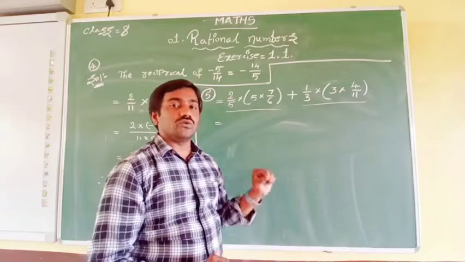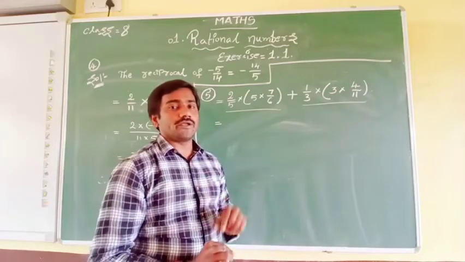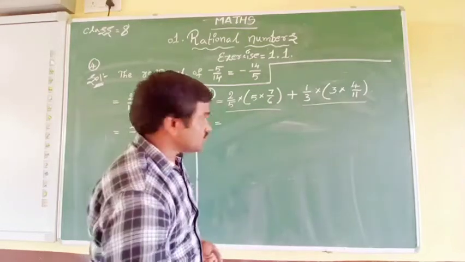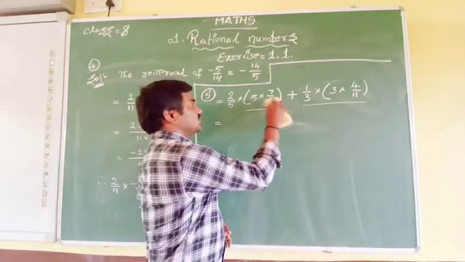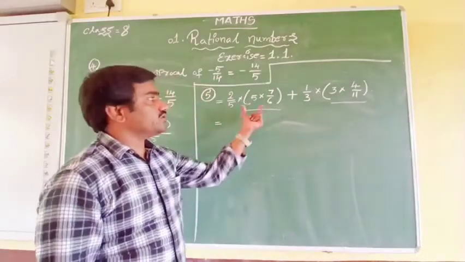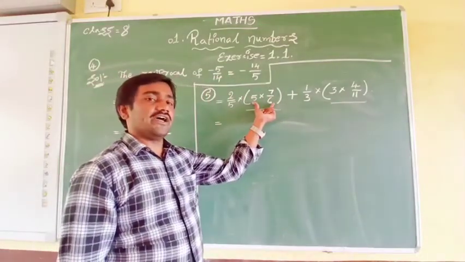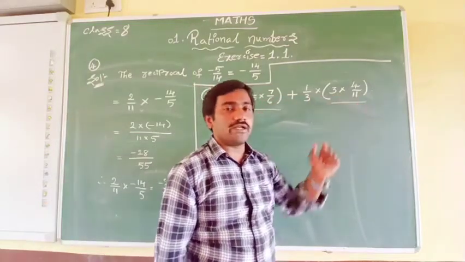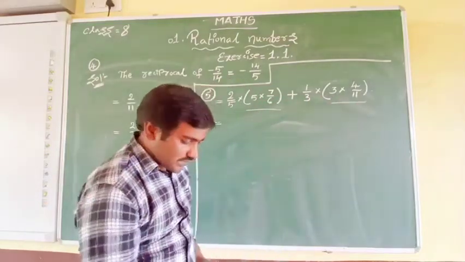Here also we can use the associative property under multiplication. Or, as you wish, let's consider these two terms and these two terms. Here we can use the closure property under multiplication, and here also.